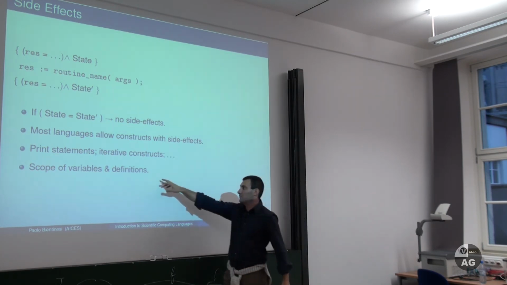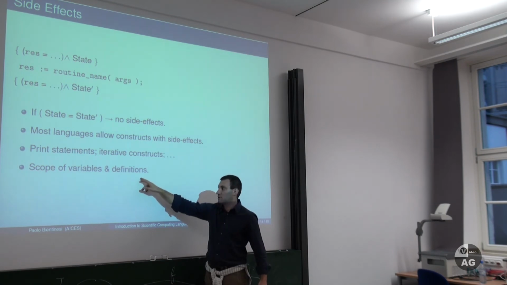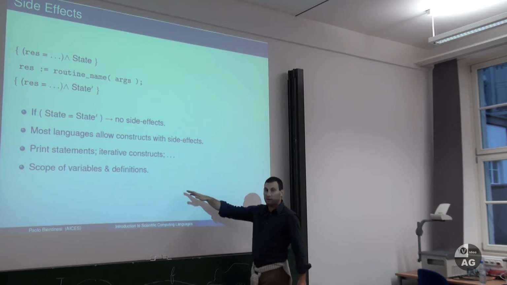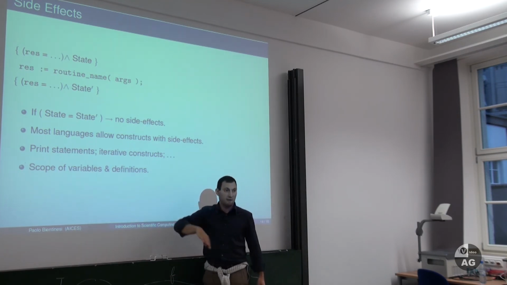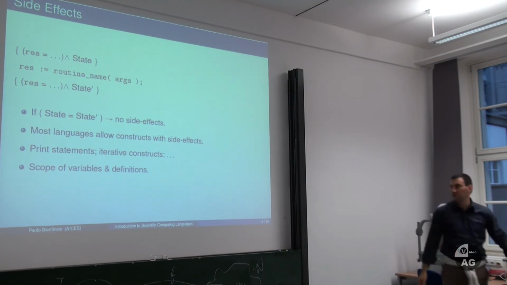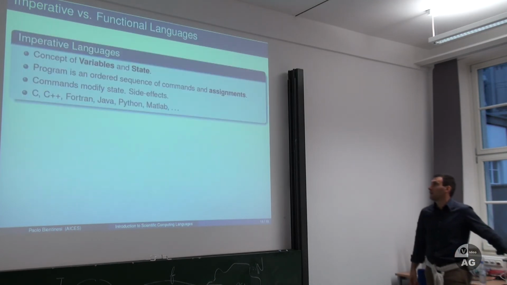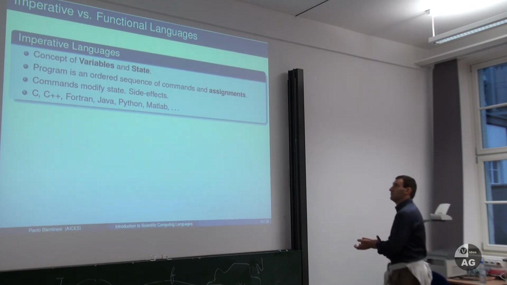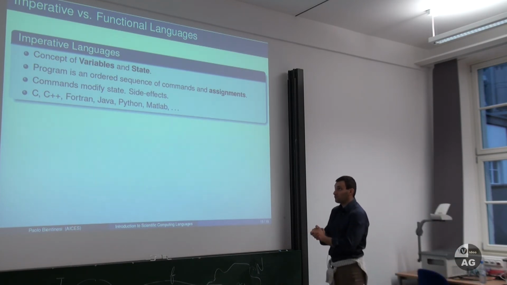At that point, it will be very important to understand what the scope of a variable is, and when and how a variable is declared and defined. So that's why now we get into scope and we finish our lecture for today. Okay, just one last distinction, imperative versus functional languages.